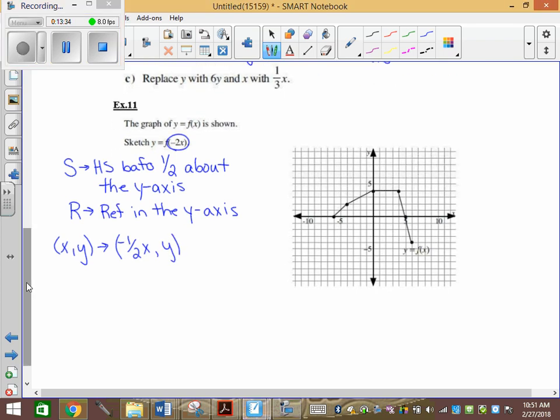So if we took our points, we'd have negative 6, 0. Negative 1/2 times 6 and 0 is negative 3, 0. So the y's are staying the same and the x's are being halved. This is x of 0. So this point is what?